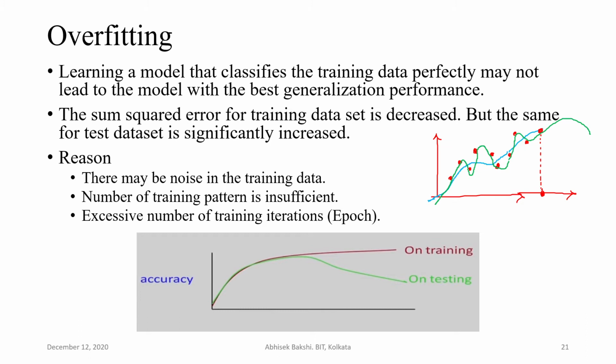Since the line goes through each and every point in this way, for some points present over here, maybe the model will predict somewhere over here, which may not be correct. So what happened with respect to training data is that we have almost 100% accuracy, or there is no error.